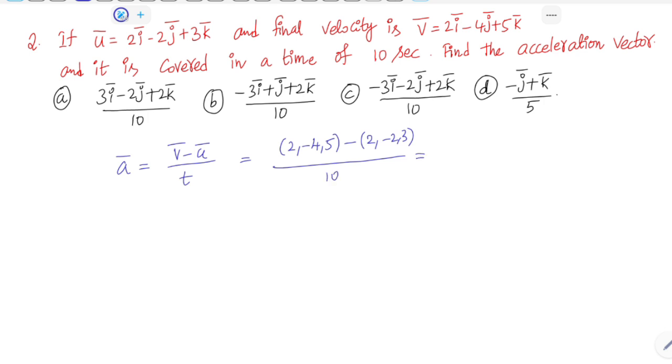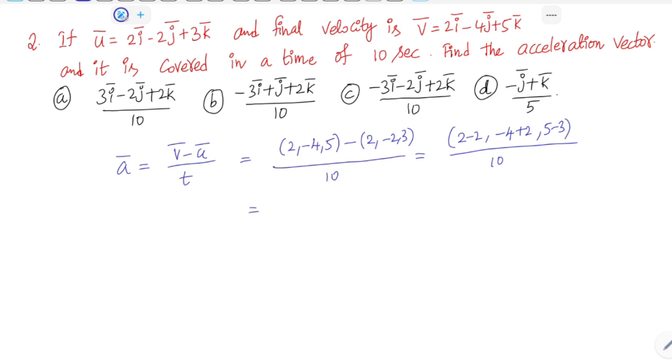Now subtracting the corresponding components, you will have 2 minus 2, minus 4 plus 2, 5 minus 3, total divided with 10.